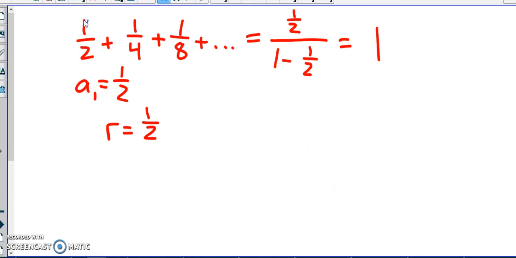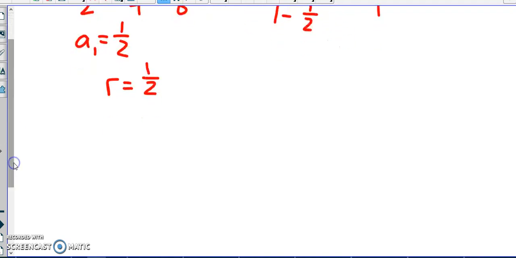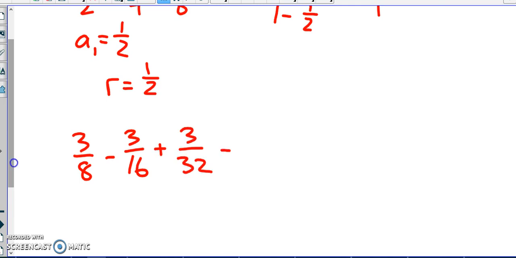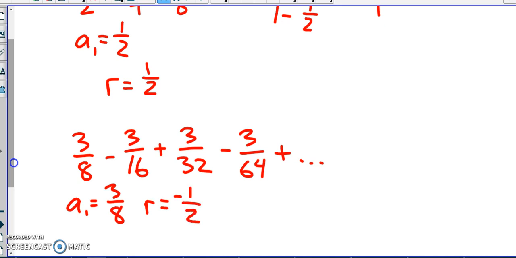Let's try one more of this, and then that'll be good. So we've got 3/8 minus 3/16 plus 3/32 minus 3/64, and that goes on forever. So here, A1 is 3/8, R is -1/2.